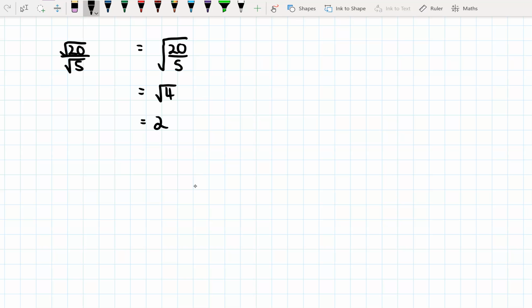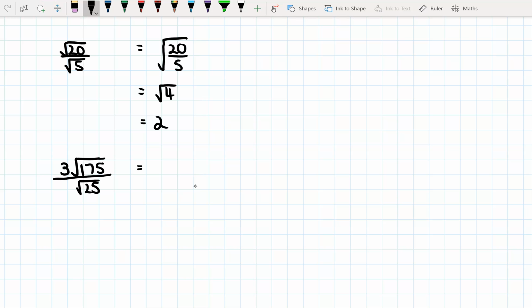So let's try one where we have a coefficient, for example. So let's say that we have 3 times the root of 175 divided by the square root of 25. Now we know that with a coefficient, you have to think of those coefficients first.